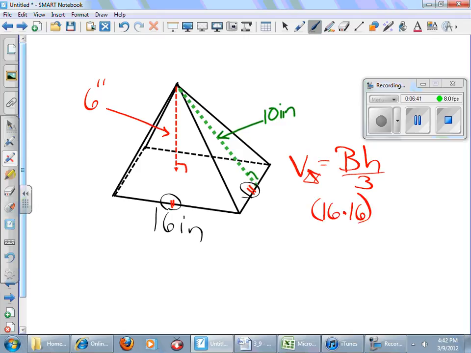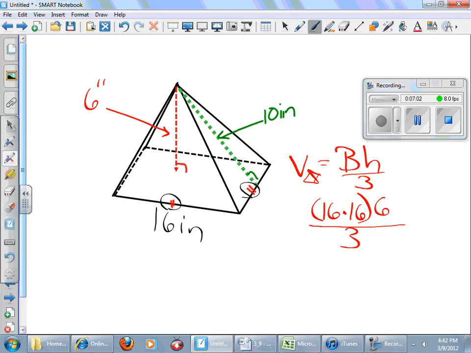The height, what's the height of the pyramid? I'll bet you Omar can tell me that the height of the pyramid is 6 inches, not 10 inches. The 10 is the slant height of the triangle. So 6 is the height that I want. Okay, so I'm going to fill in 6 inches, and then I'm going to divide by 3.